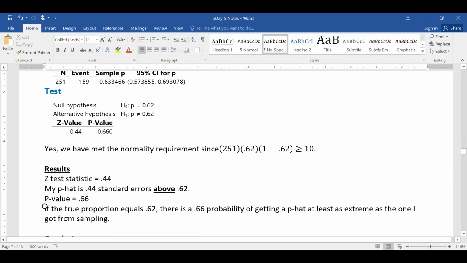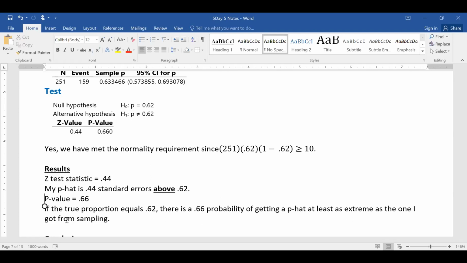And now I want to interpret that. If the population proportion equals 0.62, there is, whatever my p-value is, 0.66, probability of getting another p hat at least as extreme as the one I got from my original sample. That's what it is, the probability. So I have a 0.66 probability of it happening again. That's a large probability. That means it's probably going to happen again.